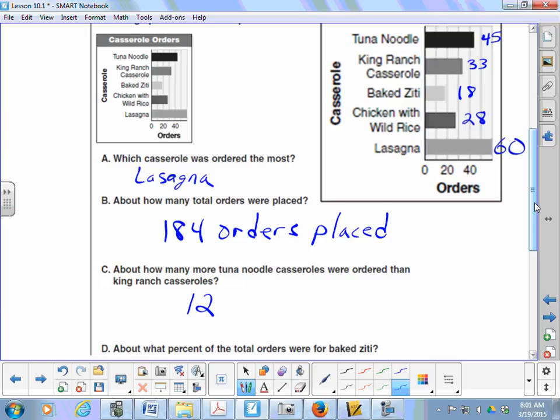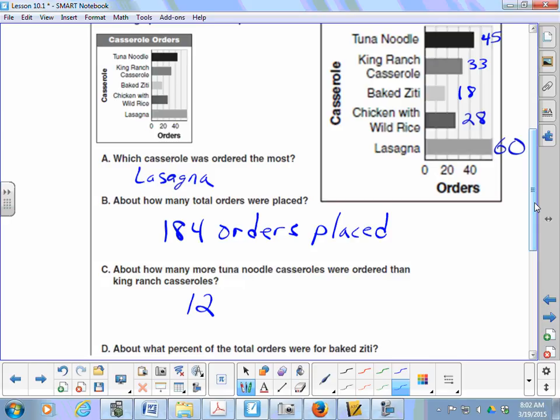Okay, we know there's 18 baked ziti orders. Good try. Not exactly. He says we're going to take 0.18 times 60. Not exactly. How do I find the percent of orders then, Sarah?